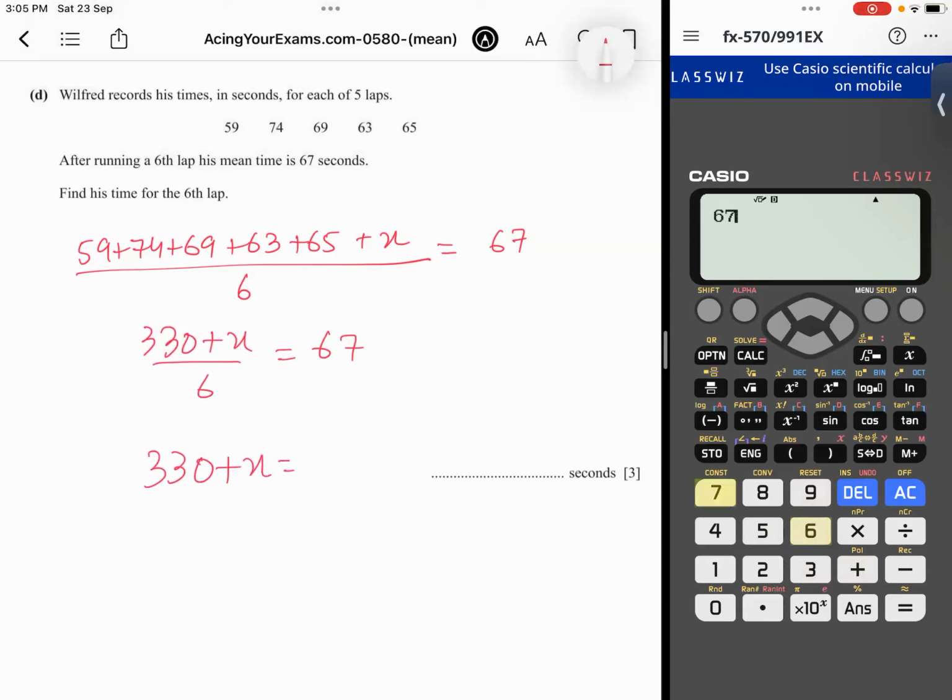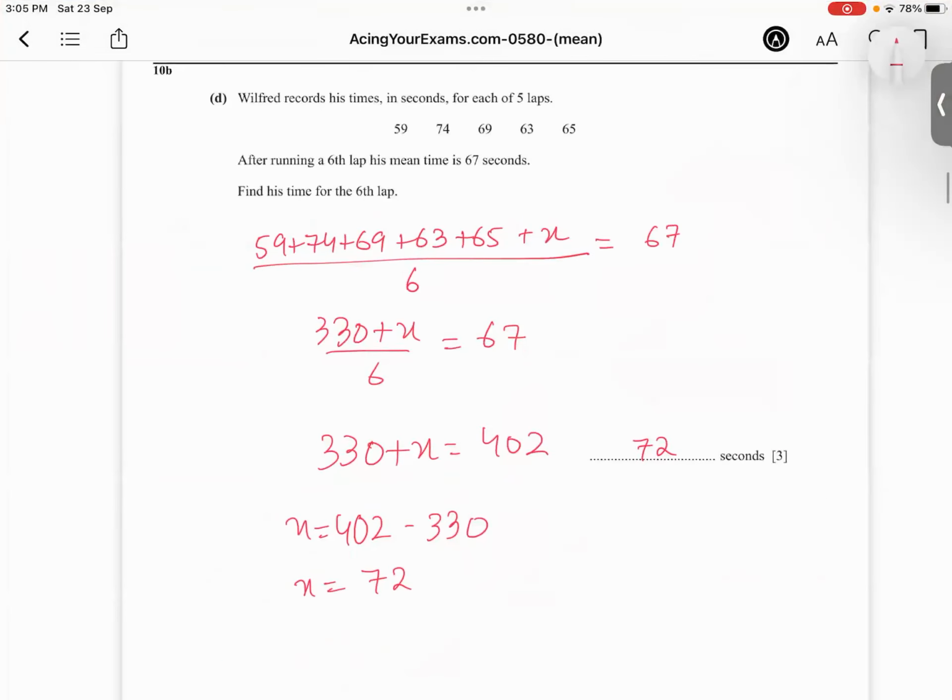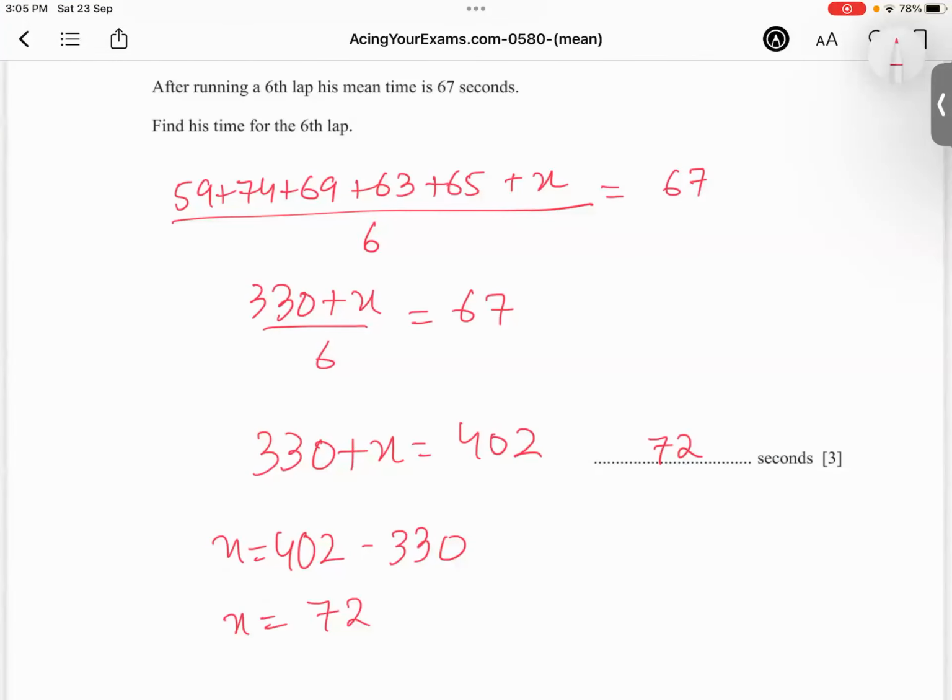So 67 times 6 is equal to 402. 402 minus 330. Okay, that is the 6th lap timing, 72 seconds. Is this clear, everybody? I hope it's clear. The question was easy.